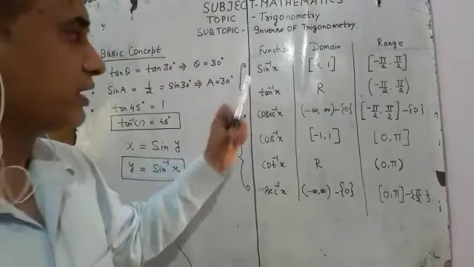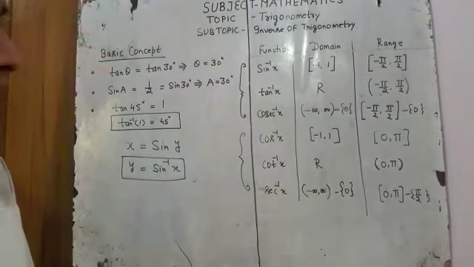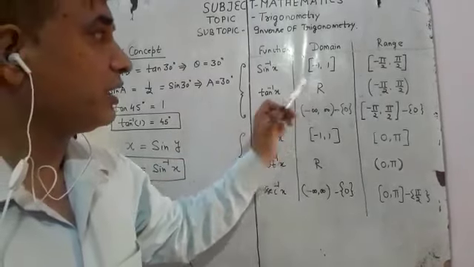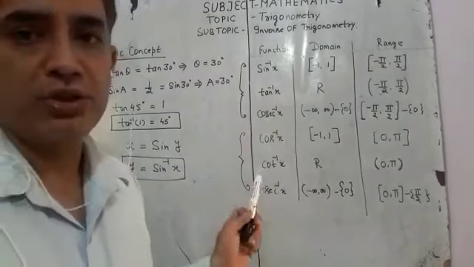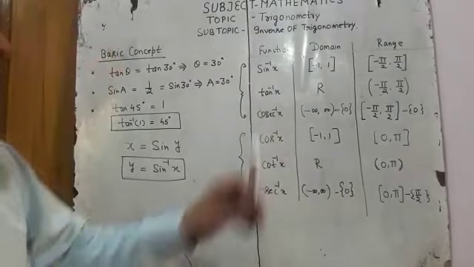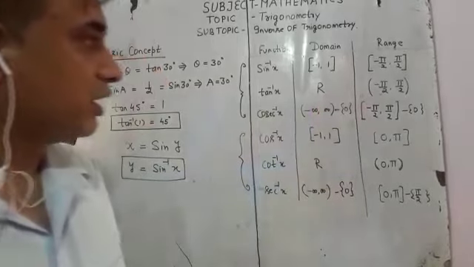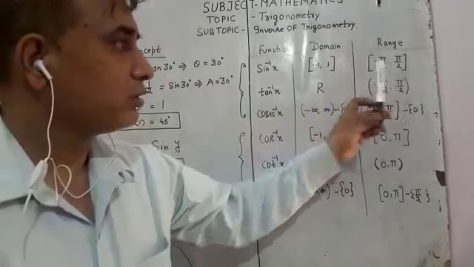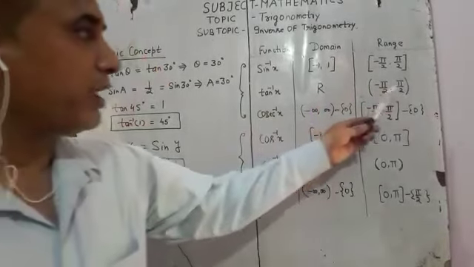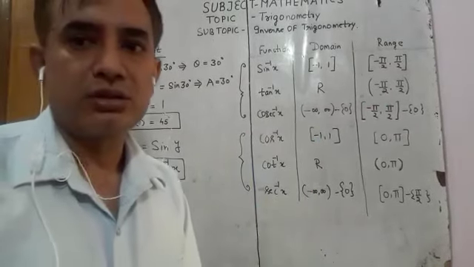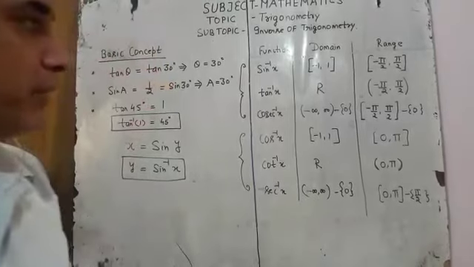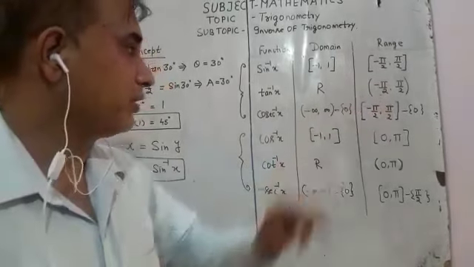Again we see tan inverse x, if we see the domain of it, it will be all the real numbers, because we know the tan value starts from 0 to infinite. If we take the range of it, it will be minus pi by 2 to pi by 2, and it is an open interval, because we know that the tan's value is not fixed. So we apply here the open interval.